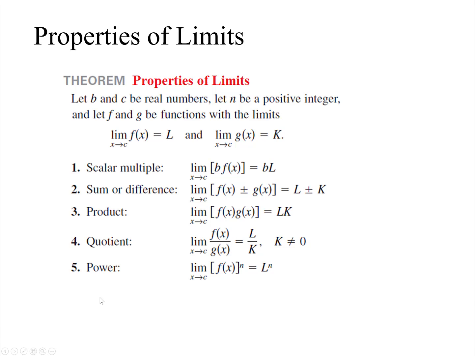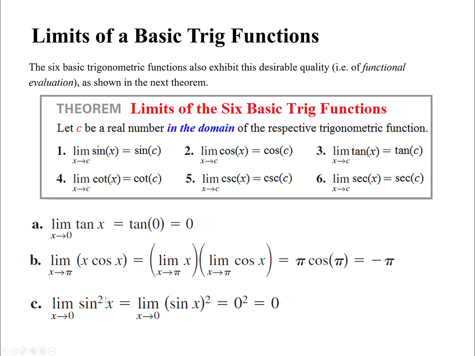We're using the power rule version. So if the limit as x goes to c of f of x is L, and you were looking at the natural number exponential of f, then you could evaluate the limit again by simply exponentiating the limit as x goes to c of f of x, which is L. And that's what we're doing here.